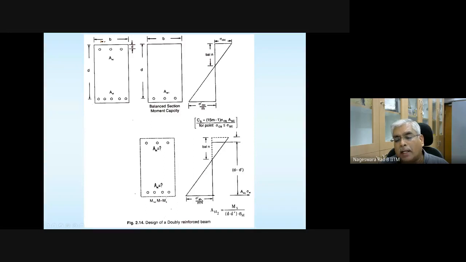You can take this one: sigma prime ST divided by M.